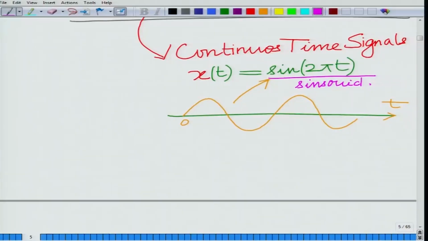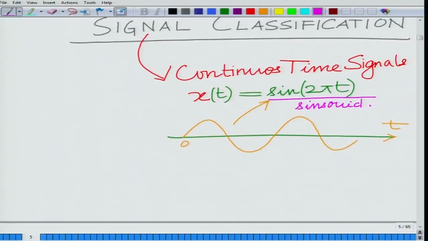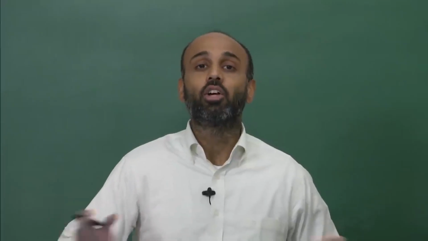A continuous time signal, remember, is defined continuously over time. It's not defined at specific time instants, correct. So, it's defined continuously at all time instants, either from minus infinity to infinity or over a continuous time interval.